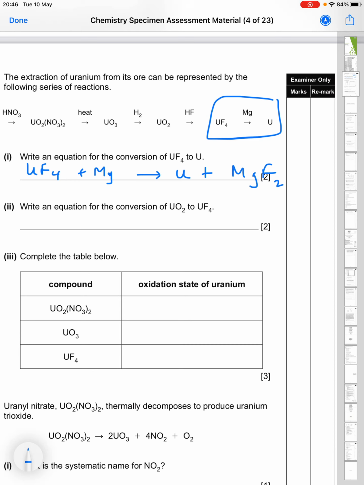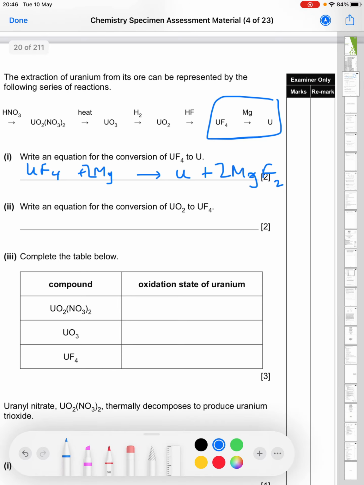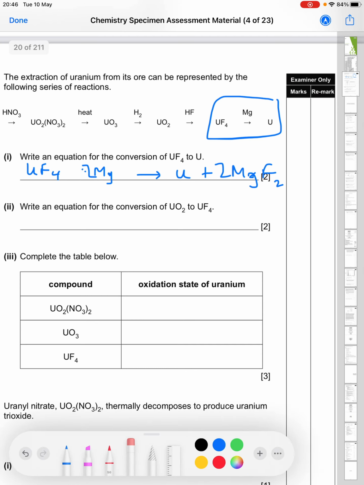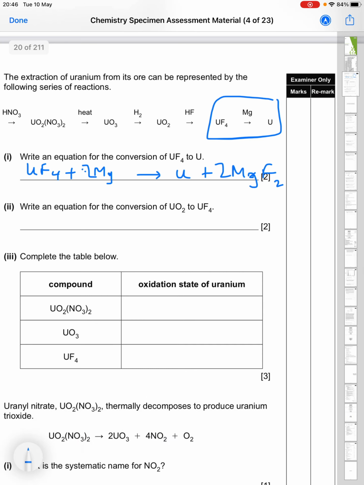So balance that up. We need 2 of the magnesium fluoride to use up all the fluorines, and then that means we need a 2 in front of the magnesium. So it's UF4 plus 2Mg gives you U plus 2MgF2. 2 marks for that. I would say 1 mark is for working out what the reactants and the products are, and the other mark is for balancing.